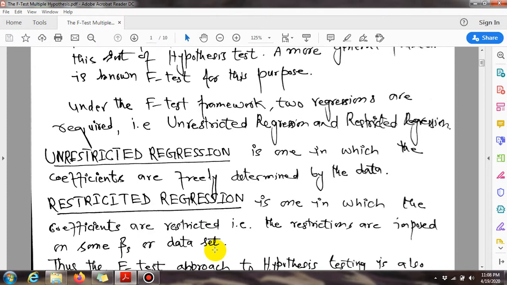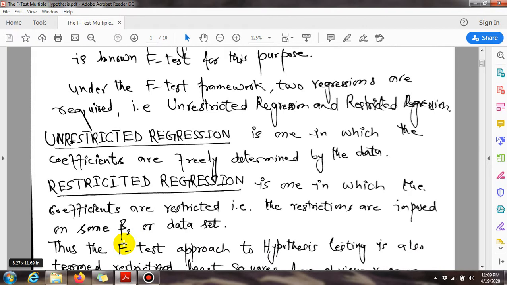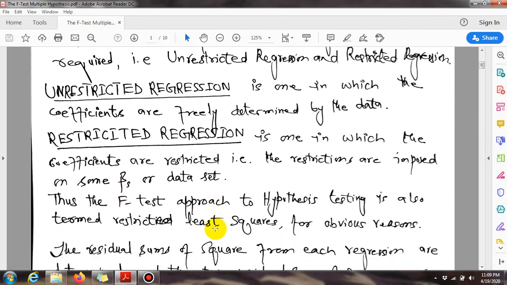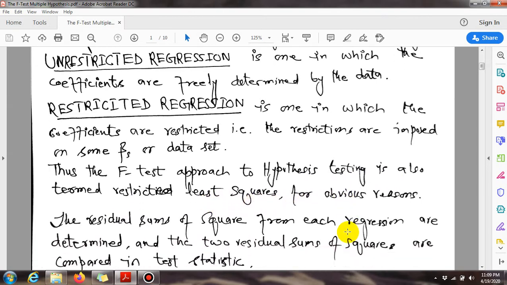Here we are talking about only the particular restriction related to your betas. The data restriction will be discussed later in another video. So here we are making the restriction on the betas. Thus the F test approach to hypothesis testing is also termed restricted least squares for the obvious reason.